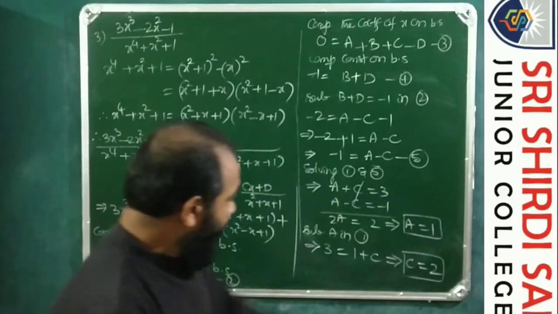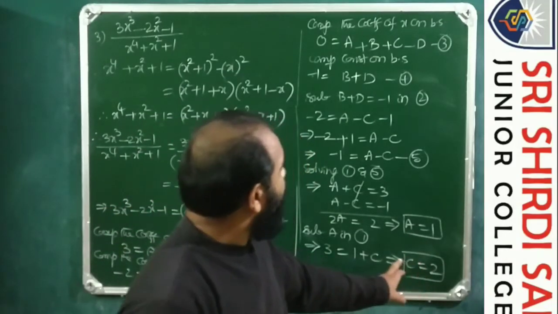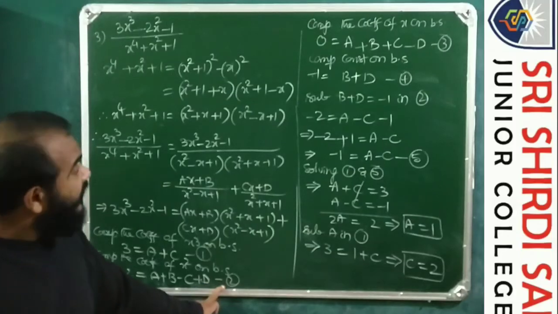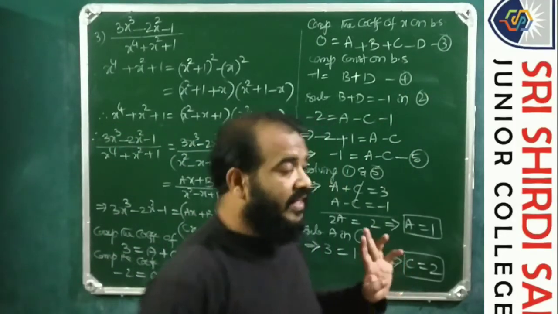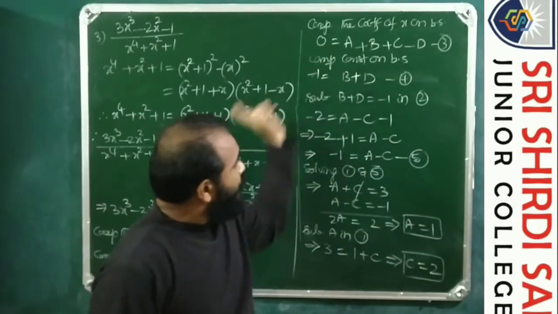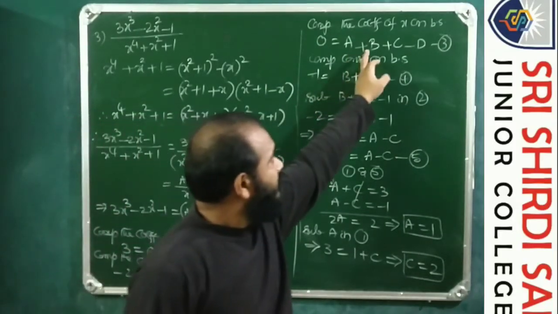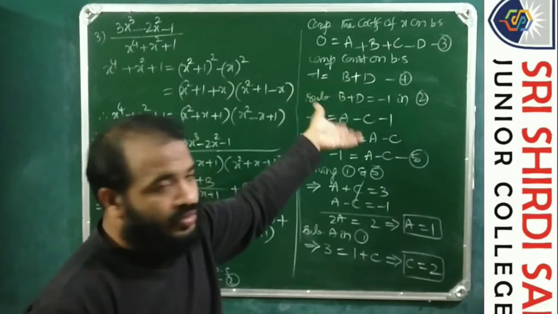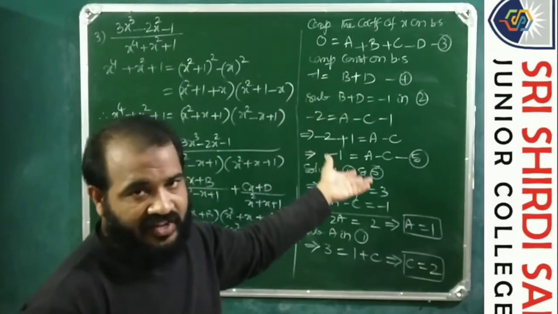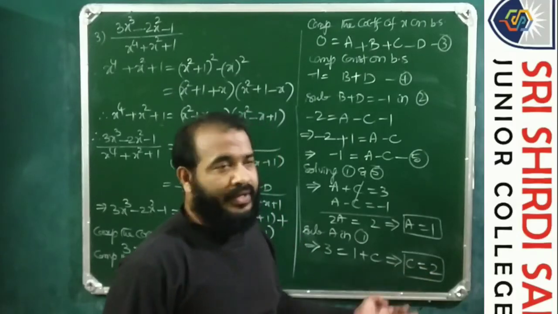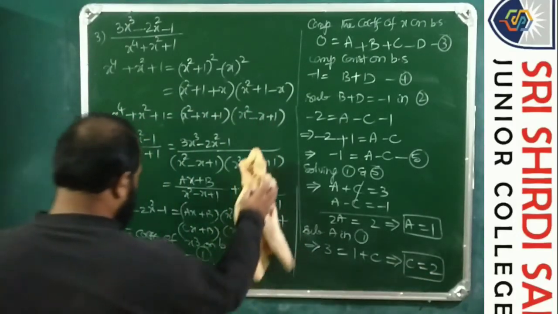Substituting a equals 1, c equals 2 in the second and third equations, then these two will be in terms of b and d. So solving the two simultaneous linear equations for b and d, we will get the values of b and d.